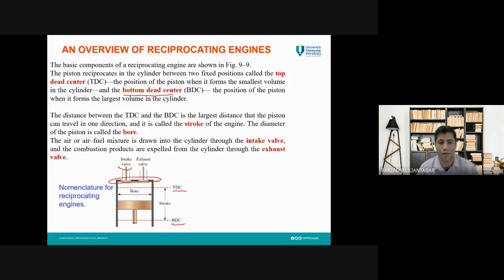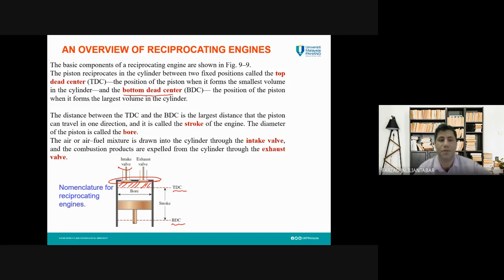So when the piston comes up, the space we have inside the cylinder is only this part. This is the minimum, or smallest, volume in the cylinder. This position of the piston is called top dead center. After that, the piston goes down until it reaches its bottom dead center.